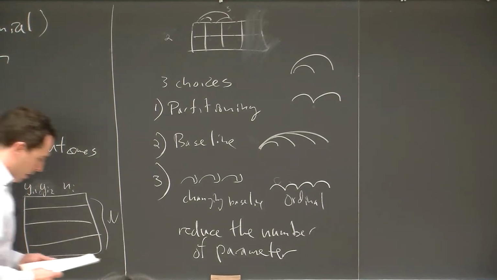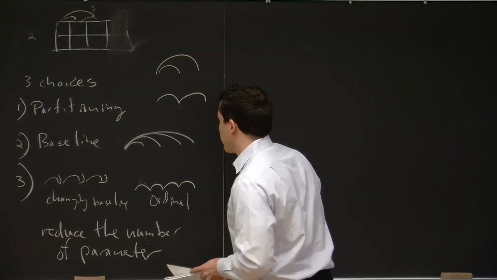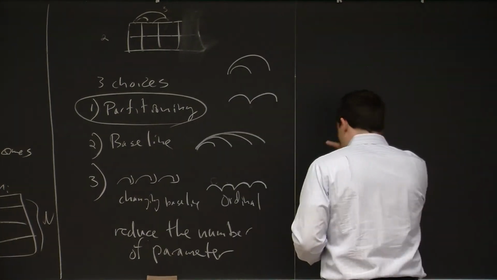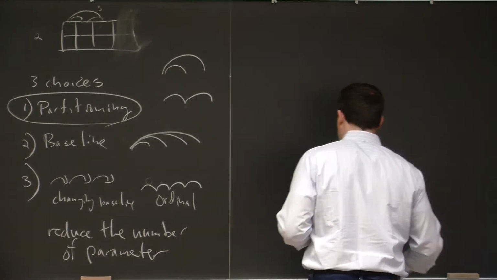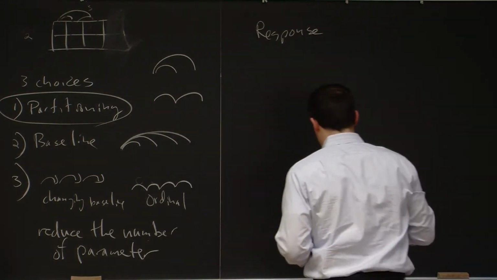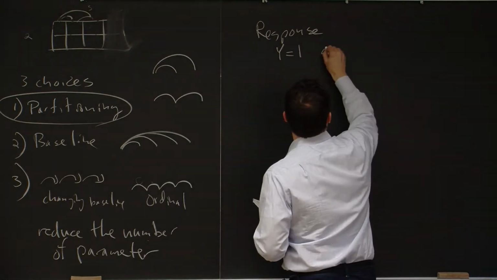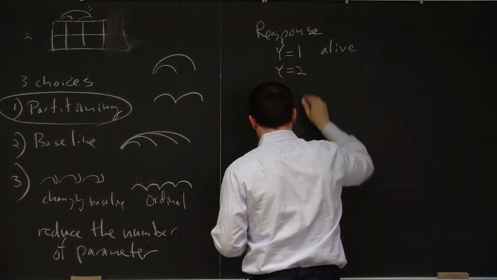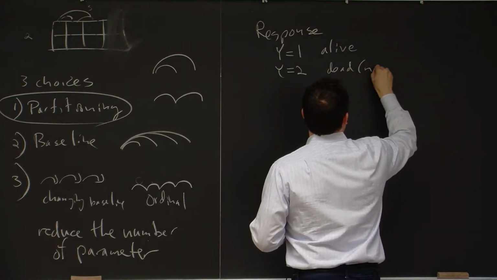Okay, so let me start with the idea of partitioning. So the example is a medical study, say, where our response has to do with cancer. So maybe y equals 1 is that the patient is alive. Y equals 2 is that they're dead, not cancer.